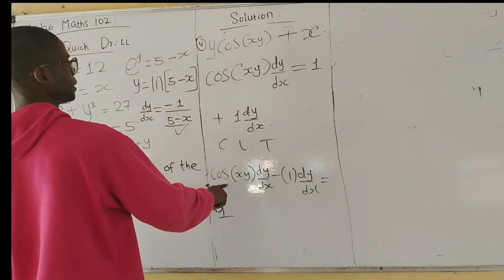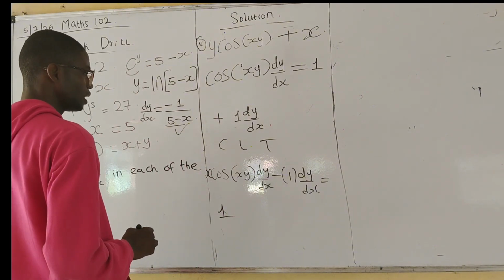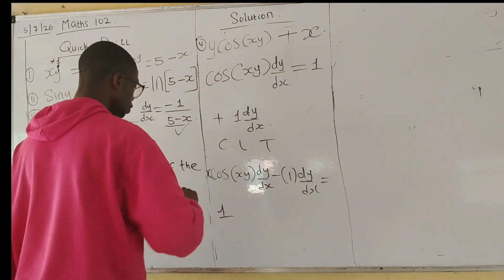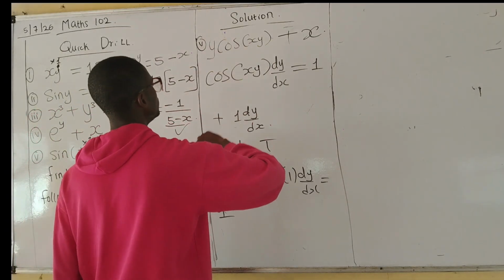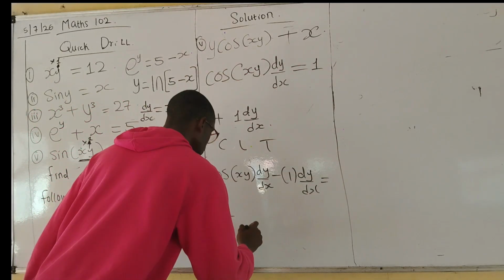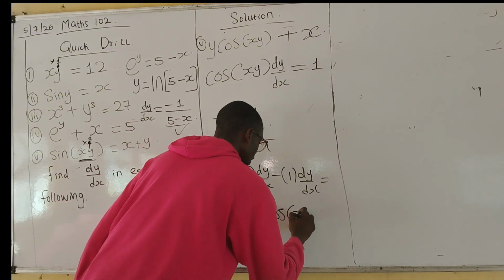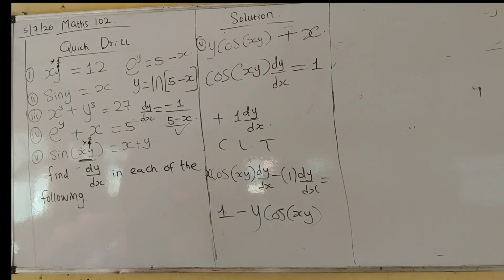Remember, this guy has x by the side. You understand? This x here is for this, right? So if that is the case, we have 1 here. Then this one, taking it over to the other side, gives you minus y cos x y. Any other thing we are missing out on?